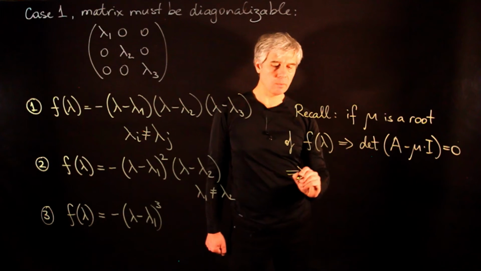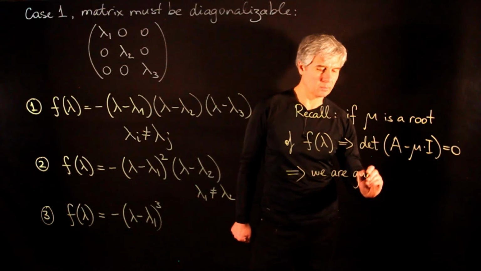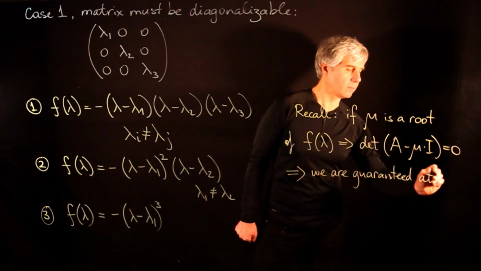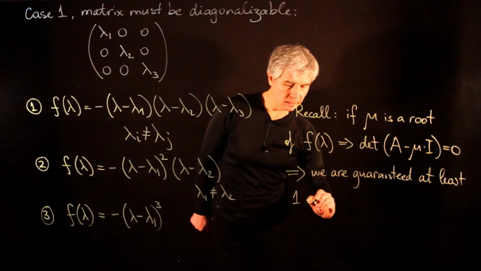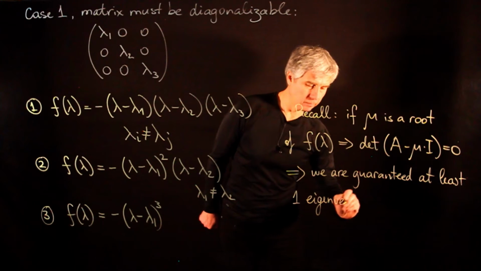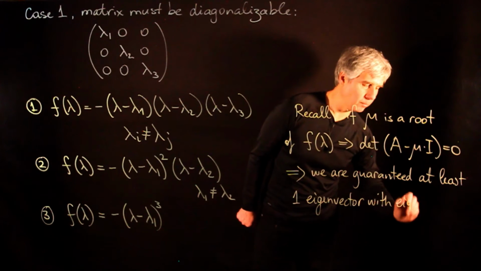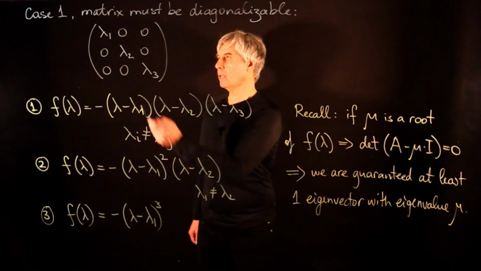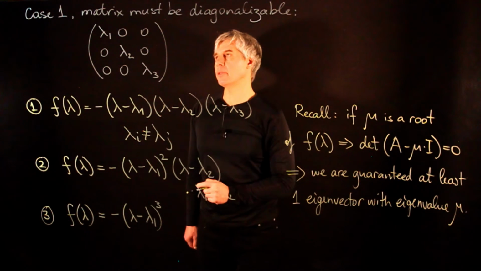So from here we see that we are guaranteed at least one eigenvector with eigenvalue mu.